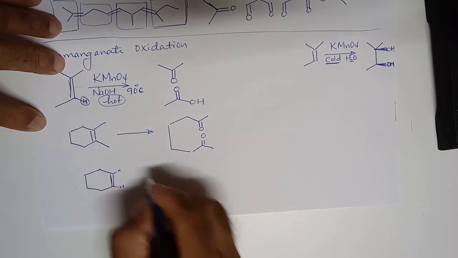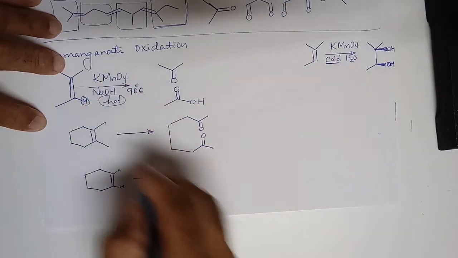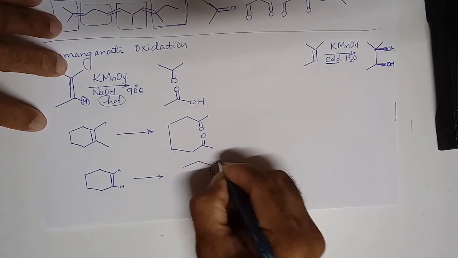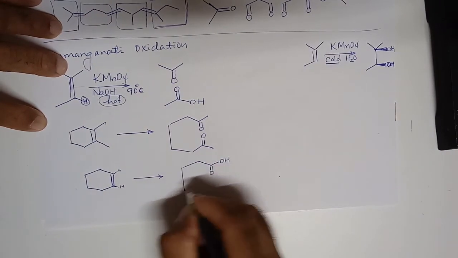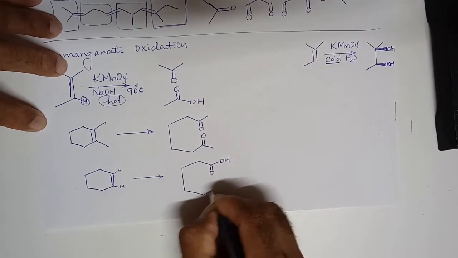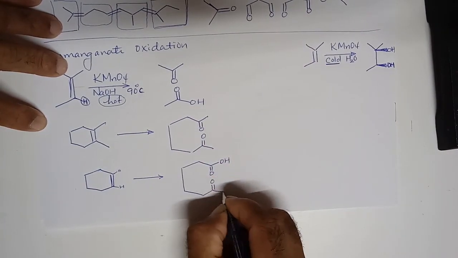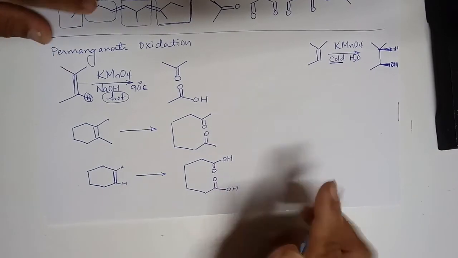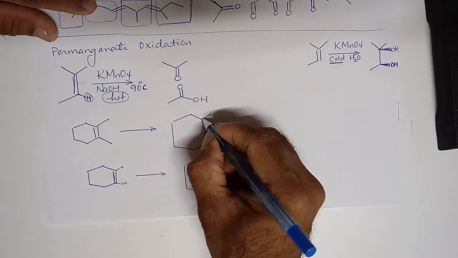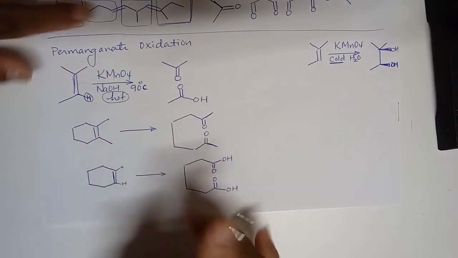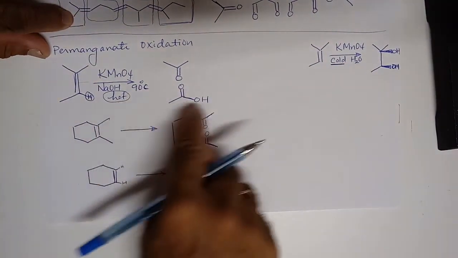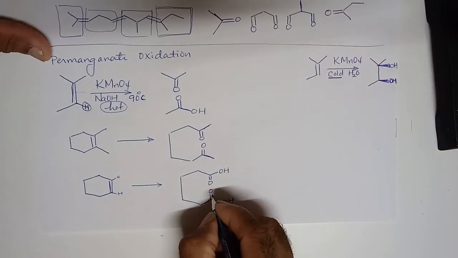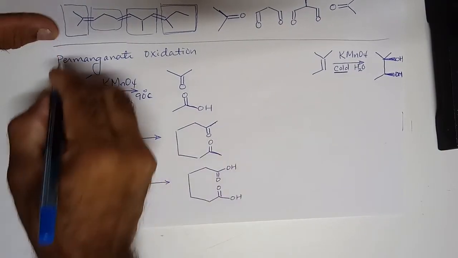If I don't show methyl groups, the same reaction can give you carboxylic acid instead, right? And why is not really a question you should ask. You simply say, okay, I'll remember this. That's all you can do. Just understand that, because in this case it is not going to give you an aldehyde as in ozonolysis, it gives you a carboxylic acid. Okay, this is a permanganate oxidation.